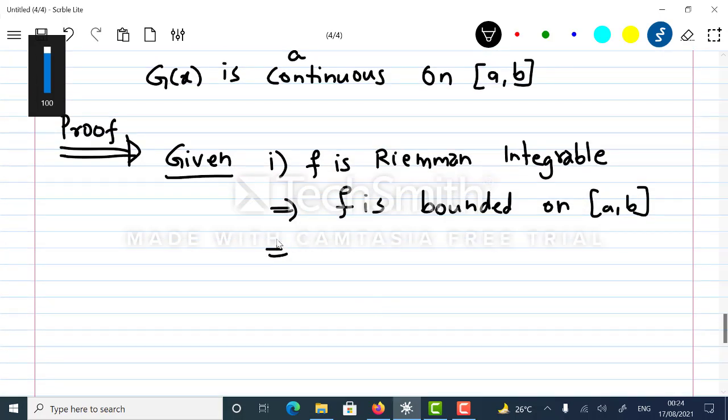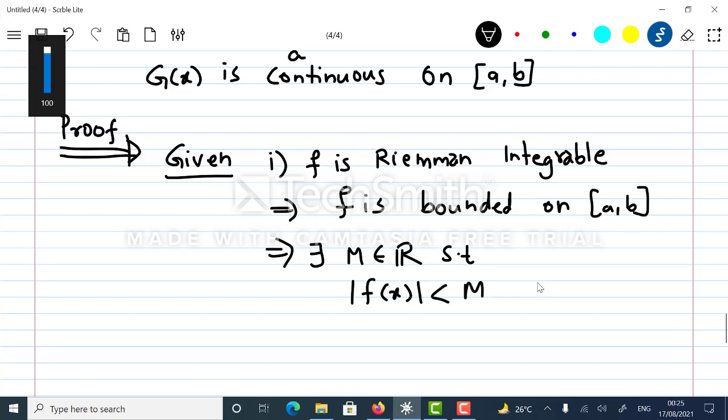So this would imply there exists a constant m belongs to R such that modulus of f of x is always less than m for all x belongs to closed interval a comma b. Let me call this as 1.